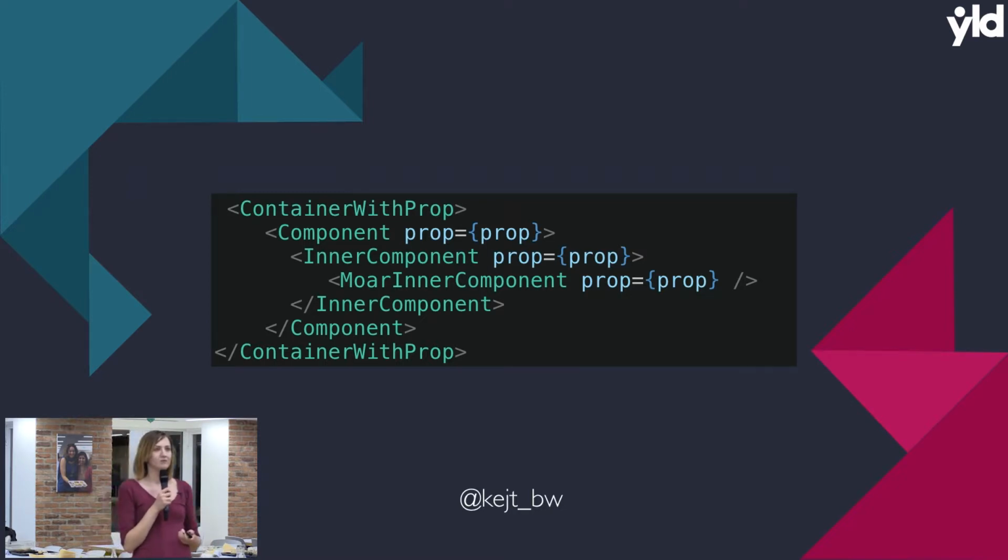For example, if you have a router, React Router, and you're trying to get access to the current location, simple thing. If you think about it, without any code reuse components, you have to pass it down from the route to the very nested component, which will simply display the location.